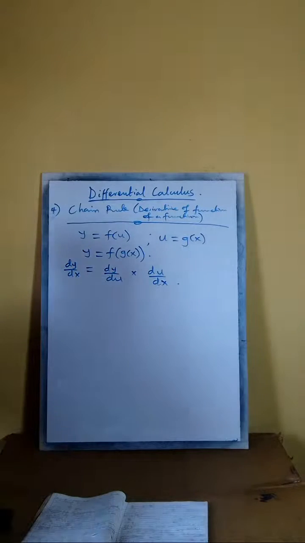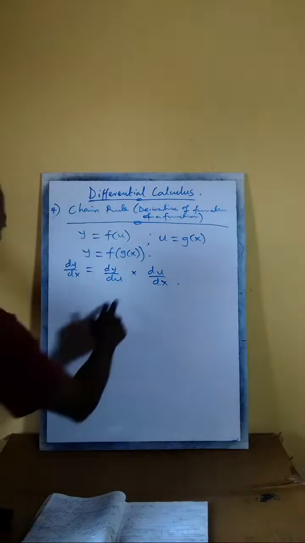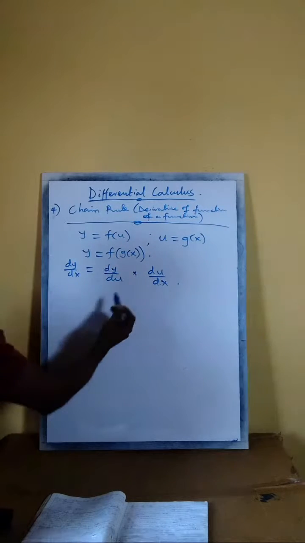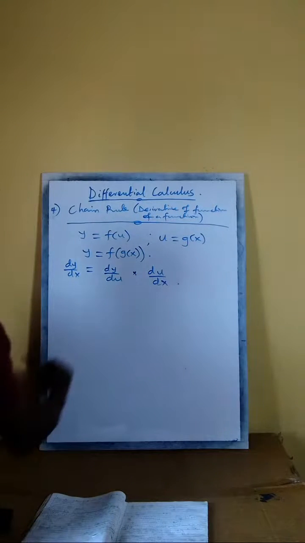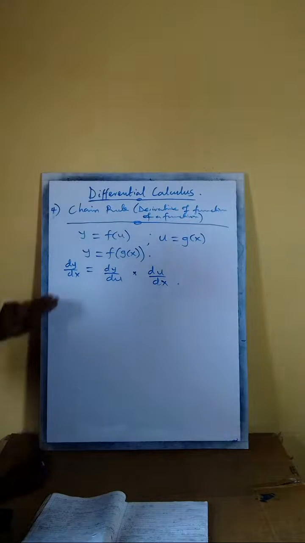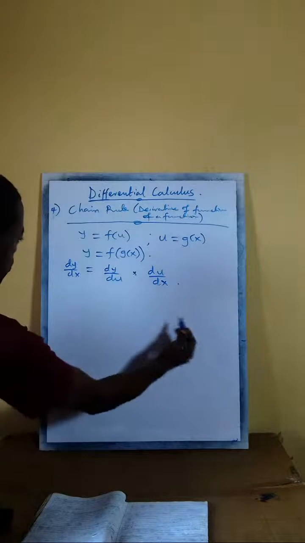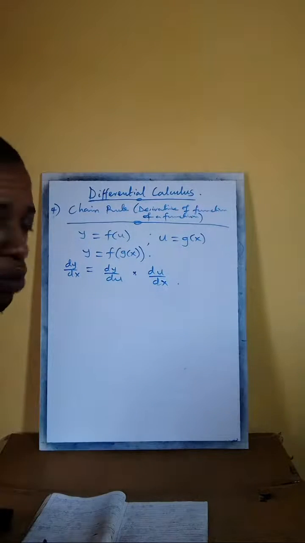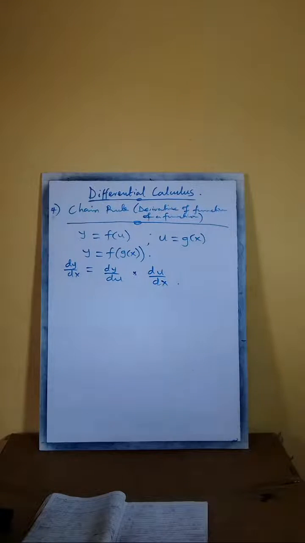So this is the formula. When we multiply, we can see that the du cancels the du, and we are left with dy/dx. So that's the formula we use for the chain rule.